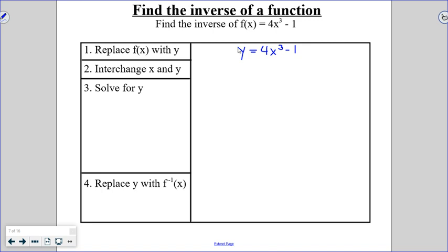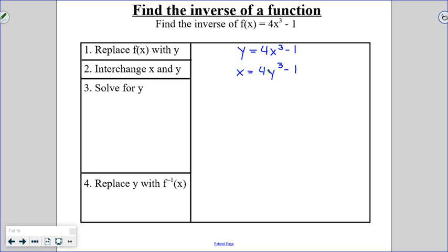Step 2, we're going to rewrite it one more time, but this time I'm going to swap all my letters. So now it will become x equals 4y cubed minus 1.